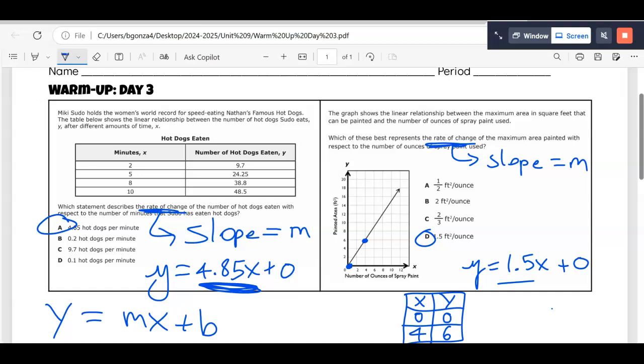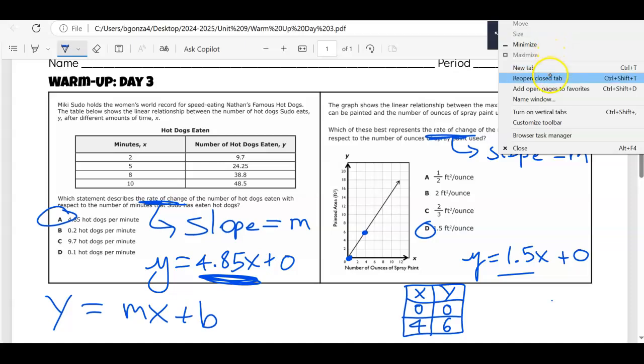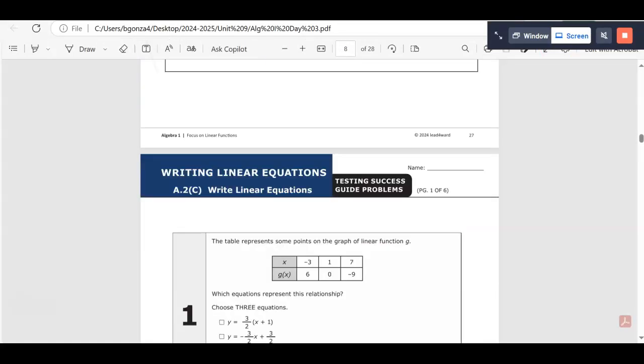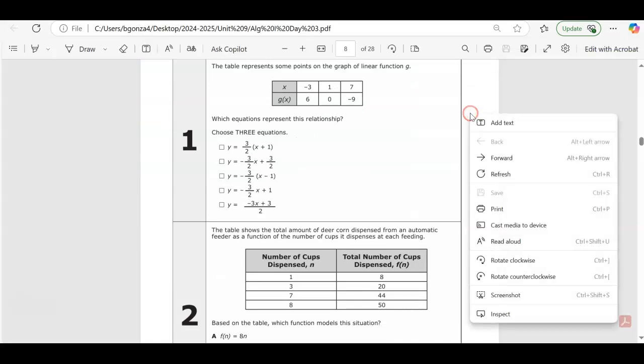All right, look at number 1 here. We have a table, right?